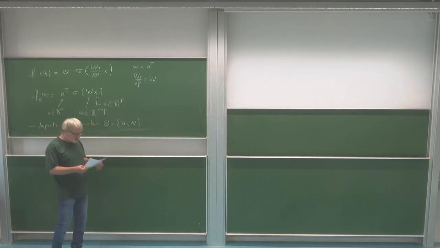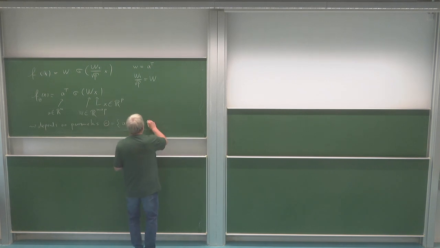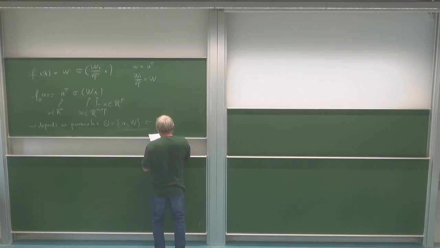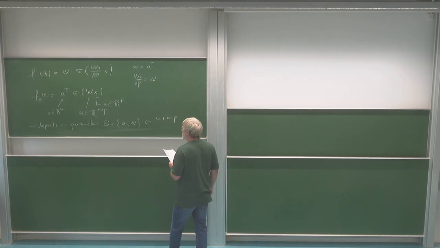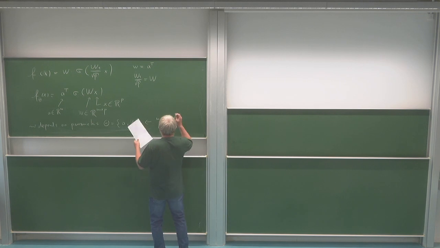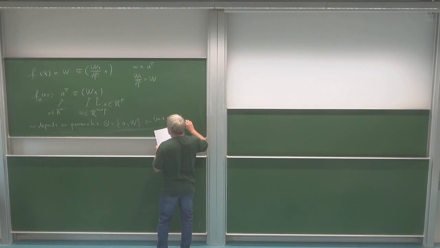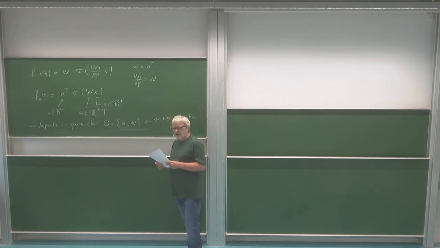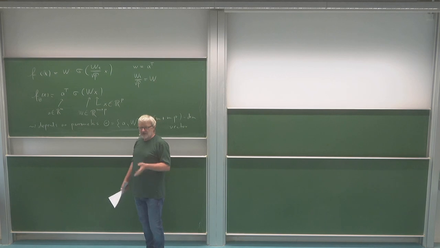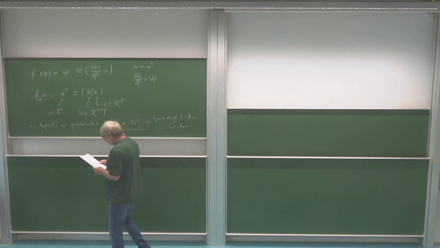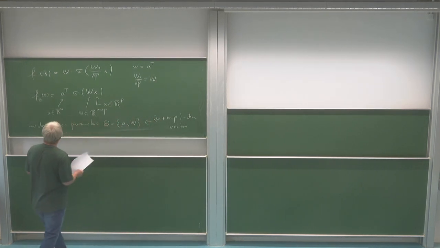So this is a collection of the m components of A plus the m times p components of W, real numbers. So this is an m plus m times p dimensional vector. Again, I consider all the elements of theta as a vector. Good, so that's my function.